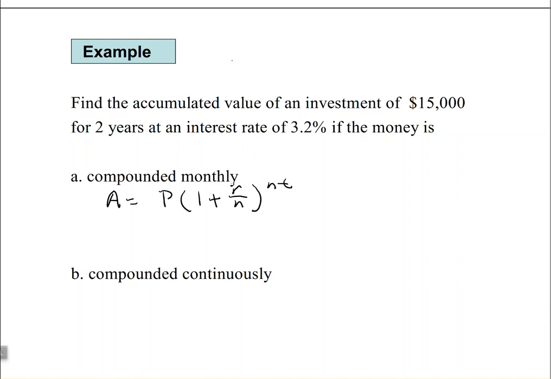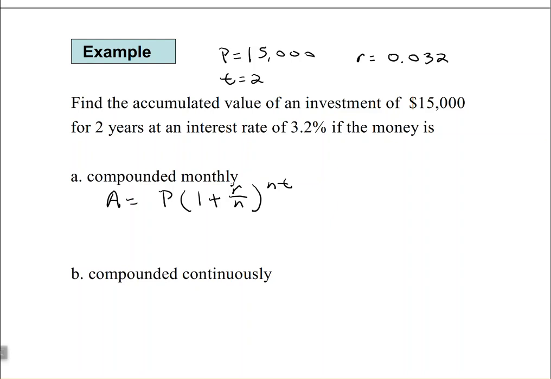From the information given, we know that P, the principal amount, is $15,000. T, the number of years, is 2. And the interest rate r, changing that percent to a decimal by dividing by 100 or moving the decimal place two places to the left, is 0.032.